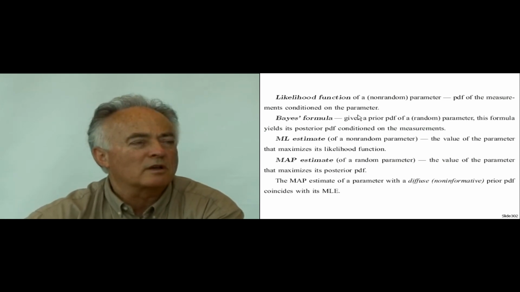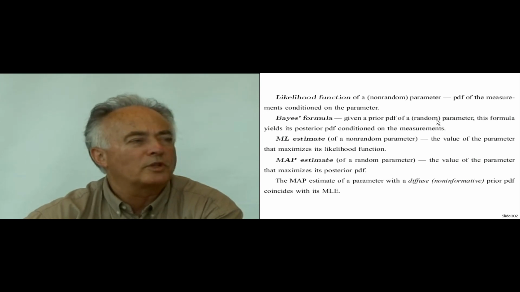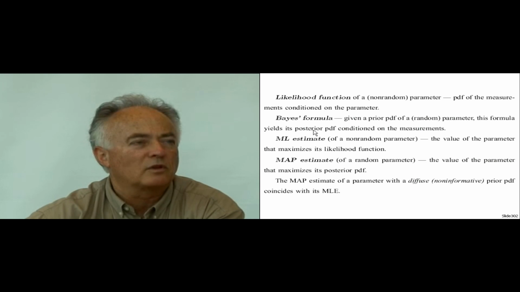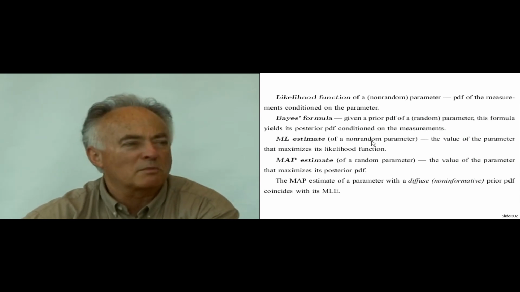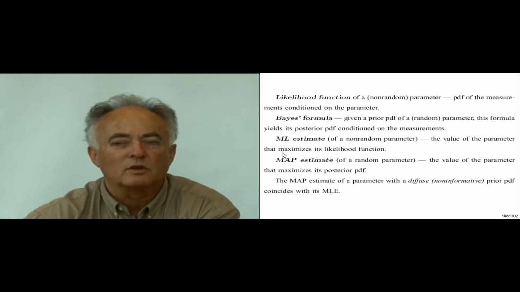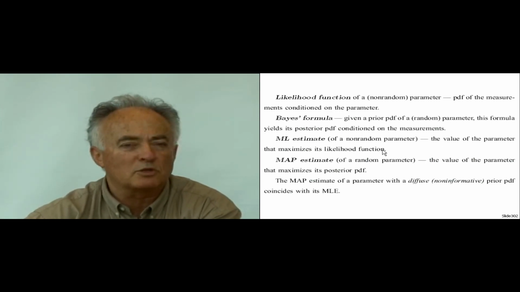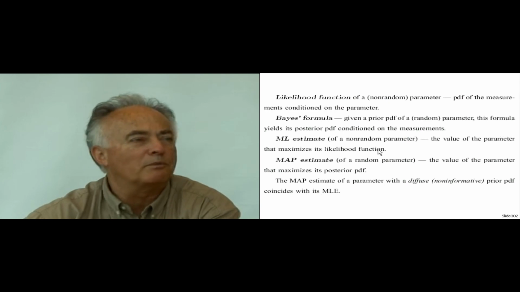Bayes' formula allows us, starting from a prior probability density function of a random parameter, to obtain its posterior or conditional PDF given the measurements. The maximum likelihood estimate, which pertains to a non-random parameter, is the value of the parameter that maximizes its likelihood function, which is again the PDF of the measurements given the parameter.